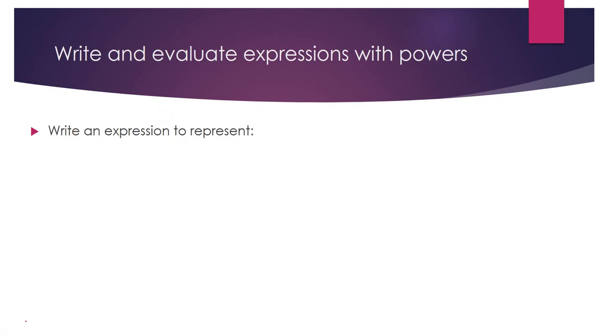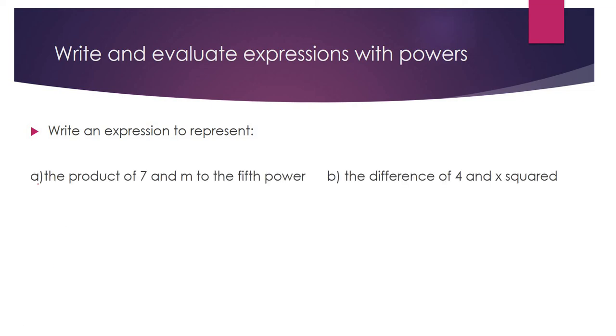So first of all, writing an expression. So we've got 2 of them, problem A and B. Problem A, the product, that means multiply, of 7 and m to the 5th power. So I'm going to multiply 7 times m to the 5th power.